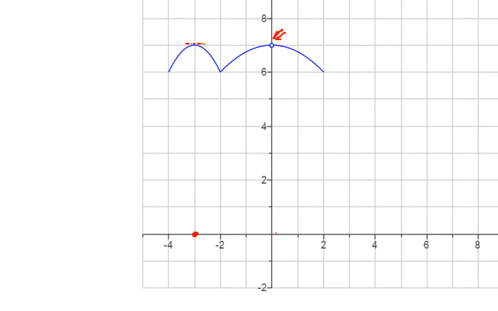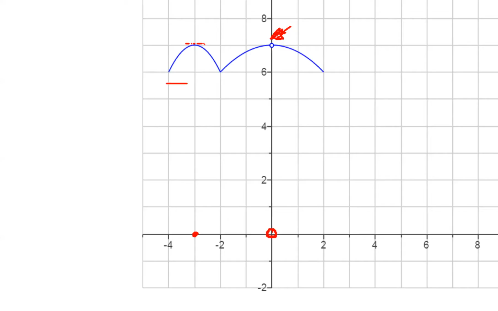So this is a candidate. At this point, the slope is supposed to be 0, but because it's undefined, I should have a hole right here. Although this is not defined, I still put a hole here. If it was defined, then it has a horizontal tangent.